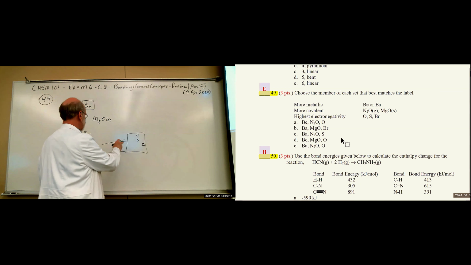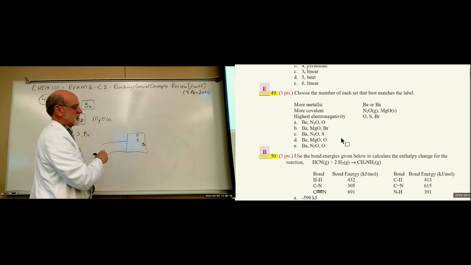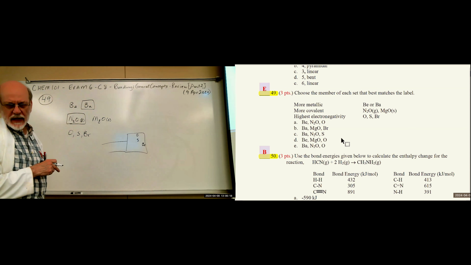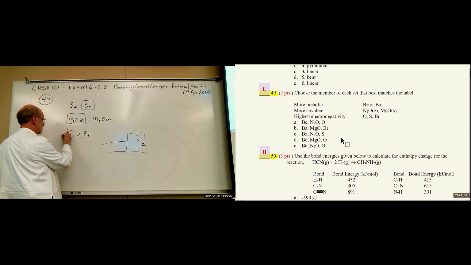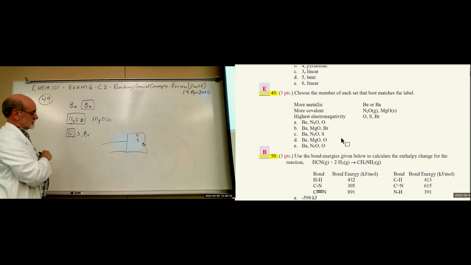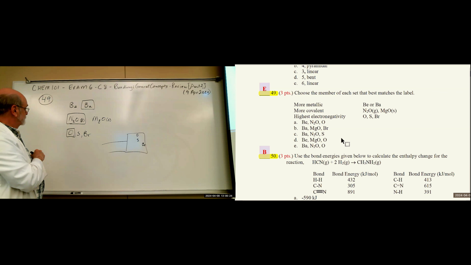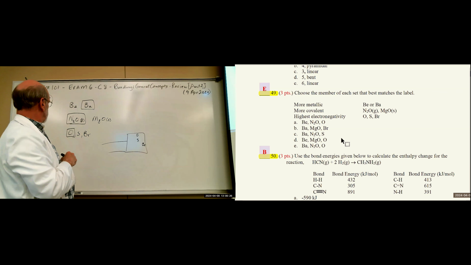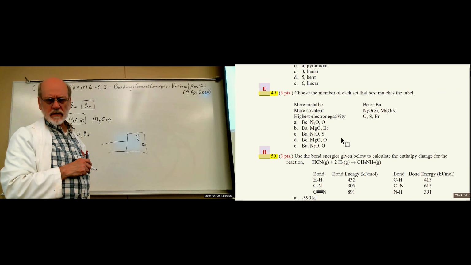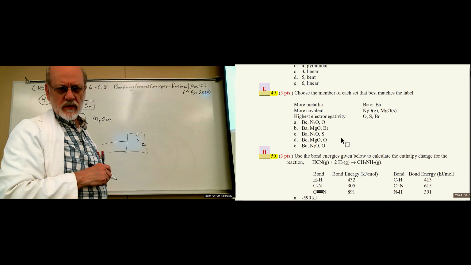So I would say the most electronegative is oxygen. Highest electronegativity, oxygen. Yeah. So it'd be Ba into O and O. Ba into O and O. E. Yeah.